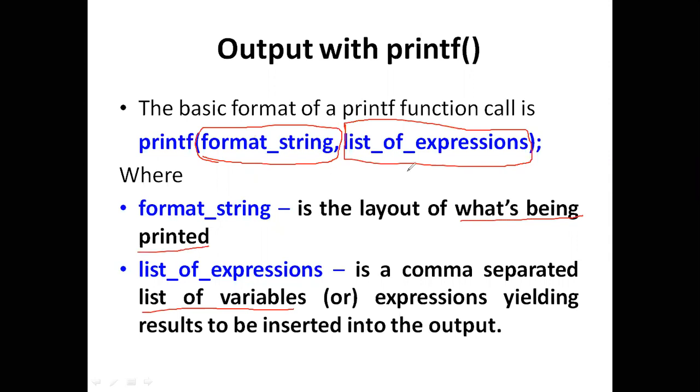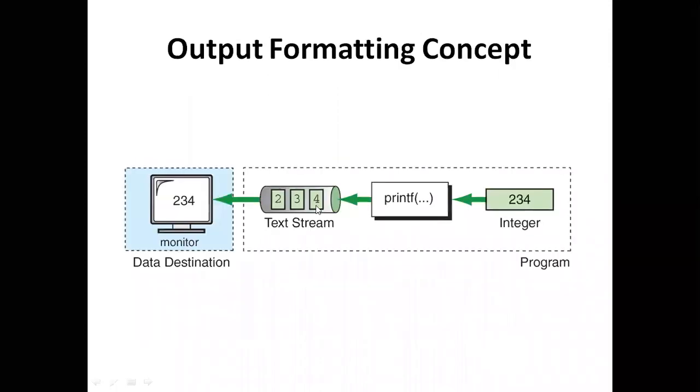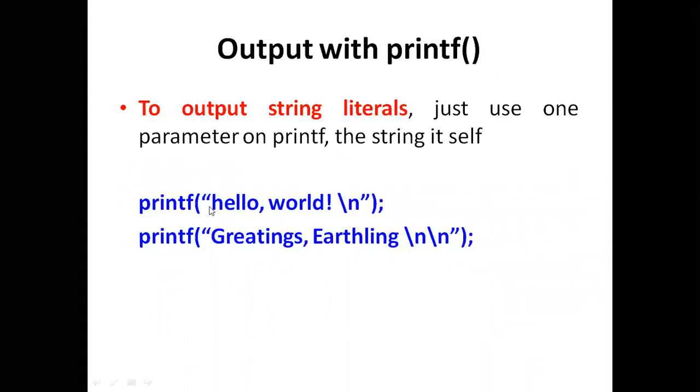Now we are going to see some examples practically. Here directly is the message being displayed. If I execute this printf statement, whatever string we indicated inside the double quotes is going to be displayed on the screen.